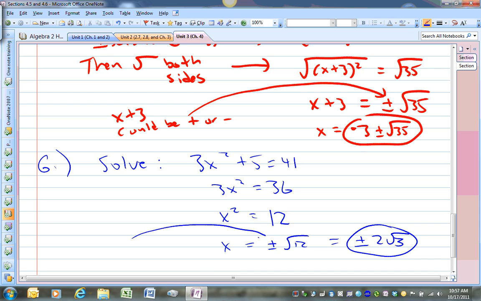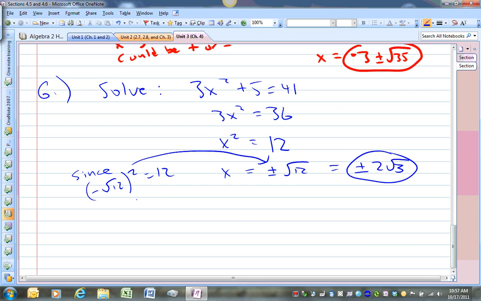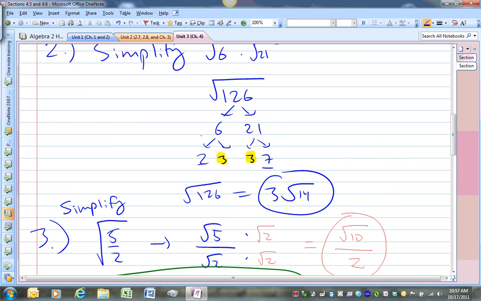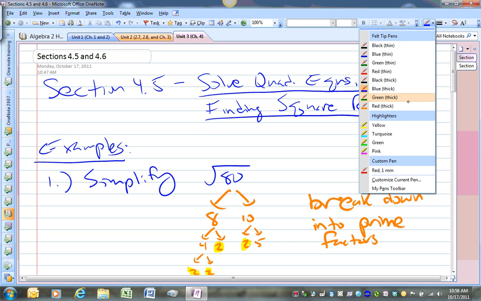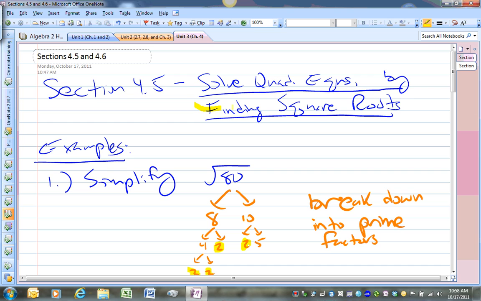Again, you need the plus or minus, since negative root 12 squared equals 12, and root 12 squared equals 12. And also, notice how we isolated the squared term, and then you can just take the square root. Hence, the name of the section: Solve quadratic equations by finding square roots.